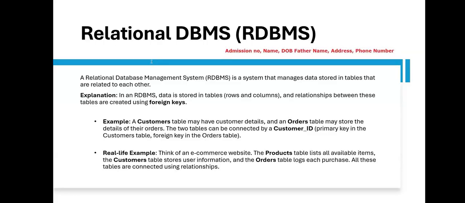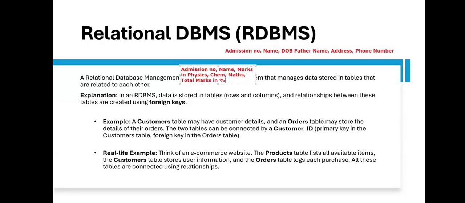Right, now there is another table that stores the score of the student. So it would again have admission number, name, marks in, let us say, physics, chemistry, maths, and total marks in percentage. Right, this is the table where I have stored the marks of my students.